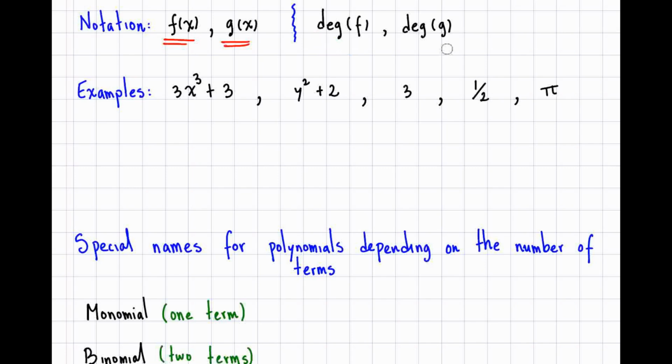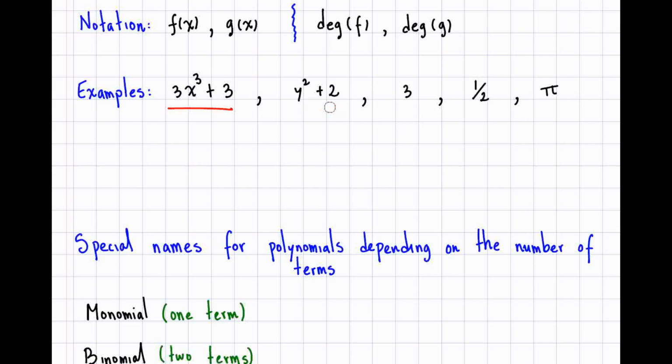Let's see now some examples. 3 by x raised to the power of 3 plus 3 is a polynomial, and y, in this case the variable, is the letter y, and y raised to the power of 2 plus 2. Both are polynomials.